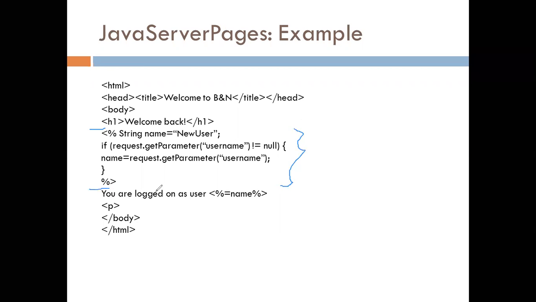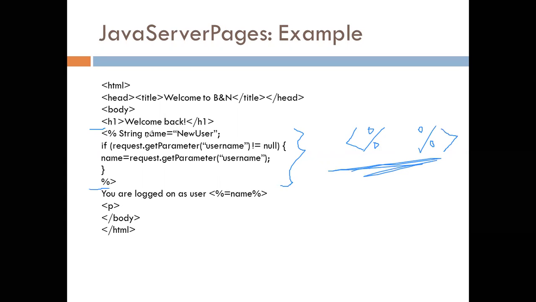Wherever we want to use Java code, it is specified using angular brackets followed by a percentage. If any Java code has to be injected into the HTML page, this will be utilized. When an angular bracket with percentage is encountered, it indicates the Java part. Inside this, we can write any Java code.